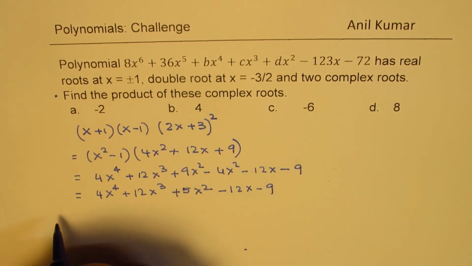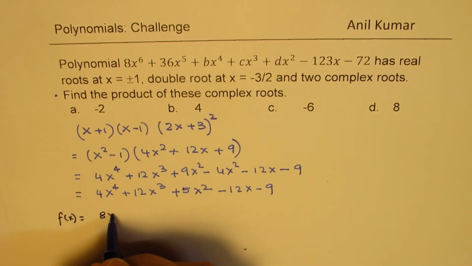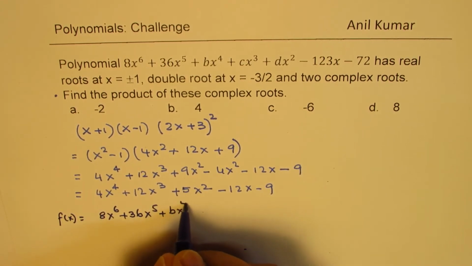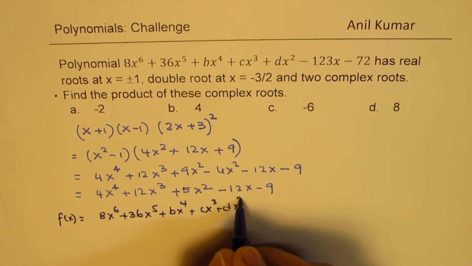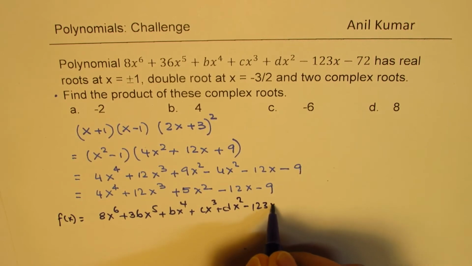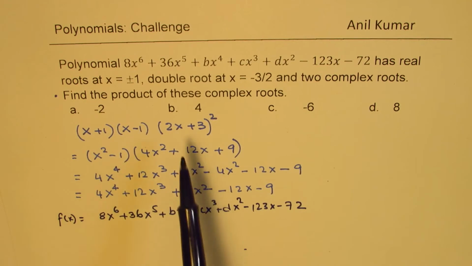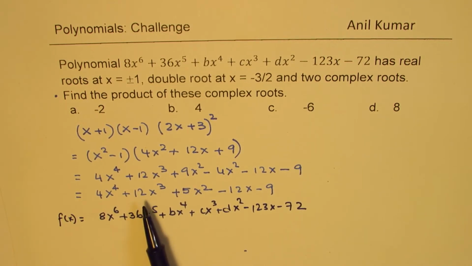If you compare with the function given to us, 8x^6 + 36x^5 + bx^4 + cx^3 + dx^2 - 123x - 72, when you divide this factor into f(x), you should get a quadratic function, right?